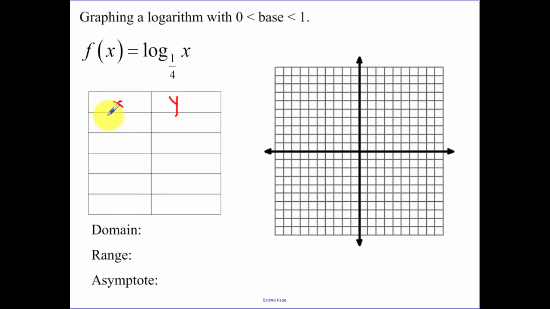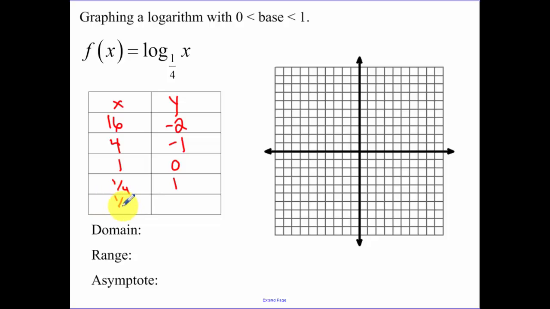If you plug in 16 for x, you're going to get -2 out. If you plug in 4 for x, we get -1 out. When you plug in 1, we get 0. When we plug in 1/4, we get 1.